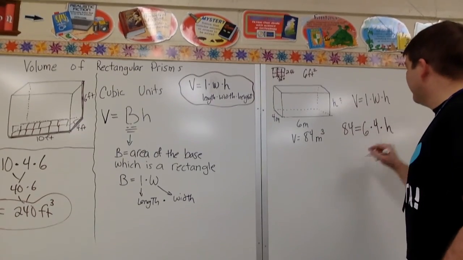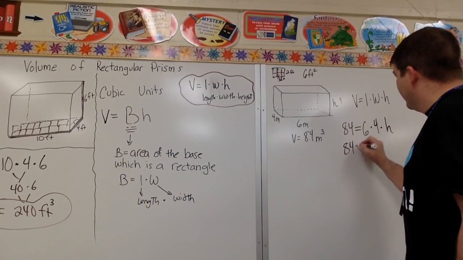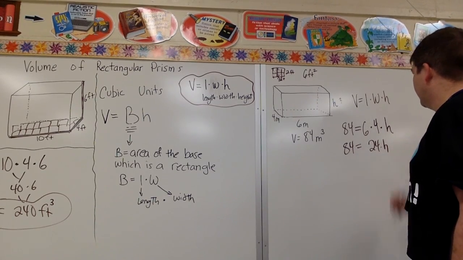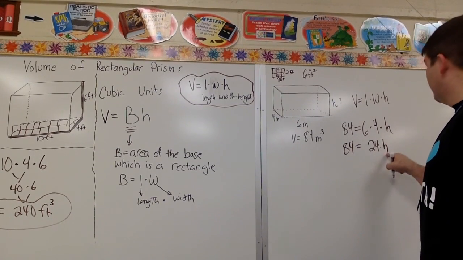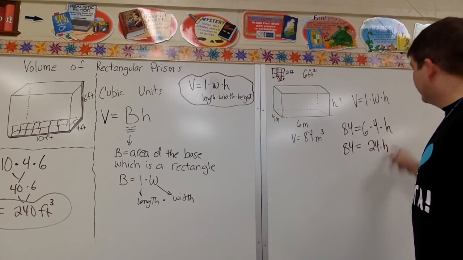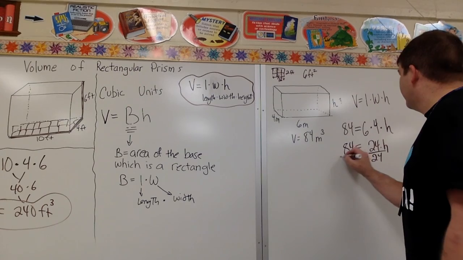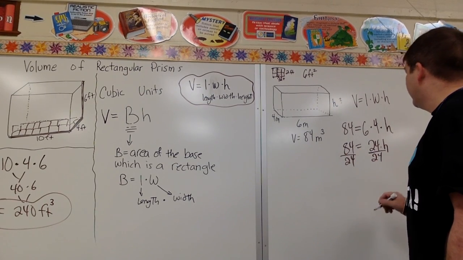That's my variable. I need to figure out what that is. So I can do some of this together. 84 equals 6 times 4 is 24 times h. Now, I want to get this h all by itself. It's times 24, so I do the opposite. Divided by 24, divided by 24.